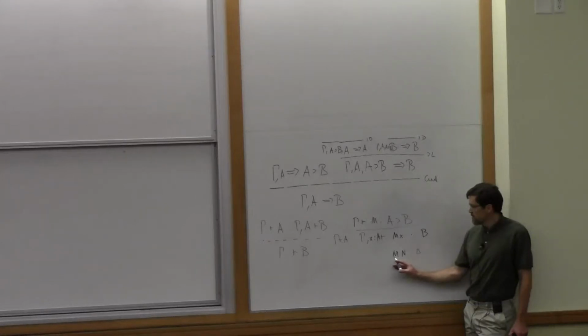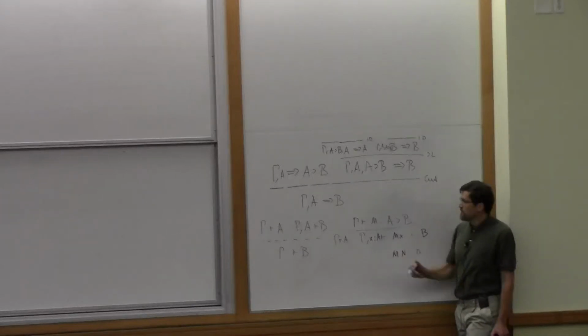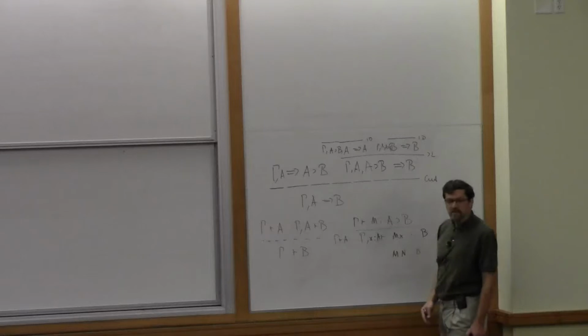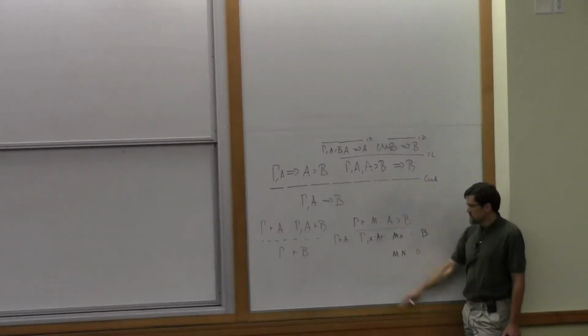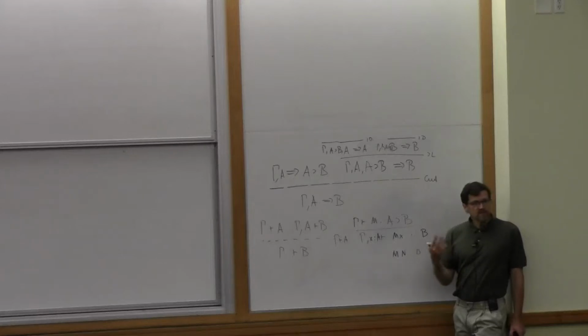M has to be of type A implies B, and N has to be of type A, and then the application has to be of type B. That's a rule that we wanted to get around having by using this rule. So even though this rule is admissible, in the sense that whenever this is true, that is true, as we just proved for the sequent calculus, and it's also true in natural deduction, it's not good as an elimination rule because substitution fails.